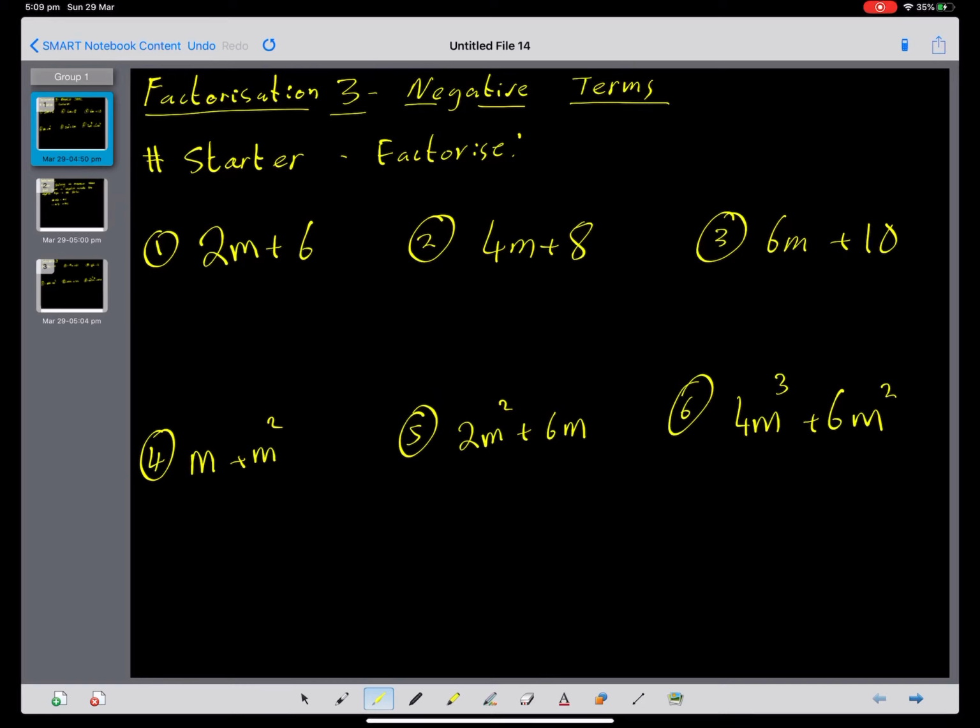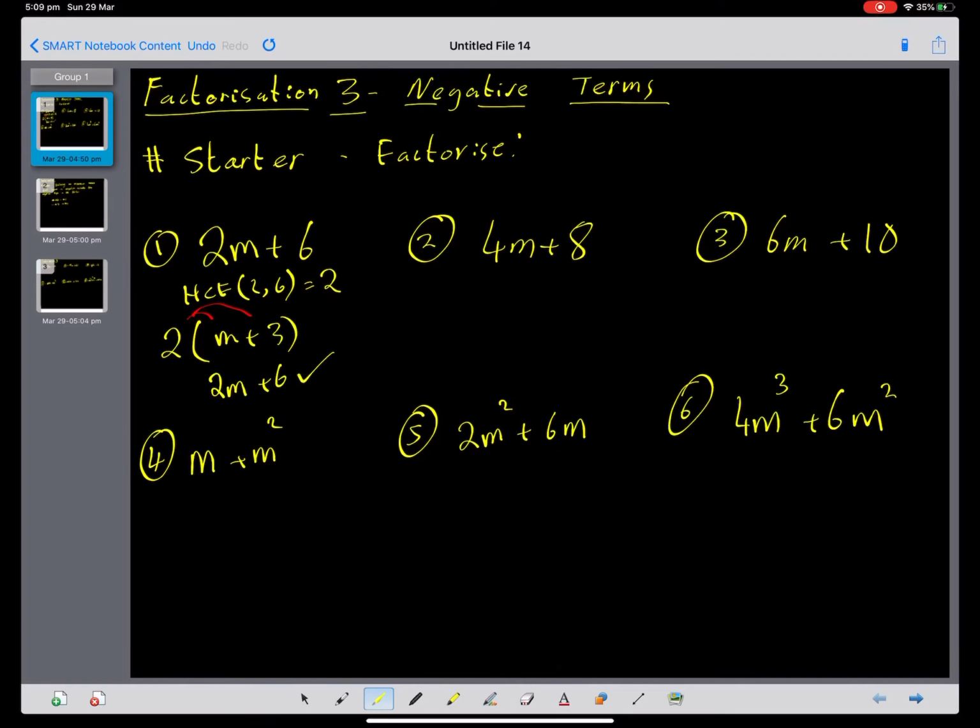The highest common factor of 2 and 6 is 2. So we put the highest common factor outside the bracket and divide each term. And we can multiply out to see if we have the right answer. And we got 2m plus 6.